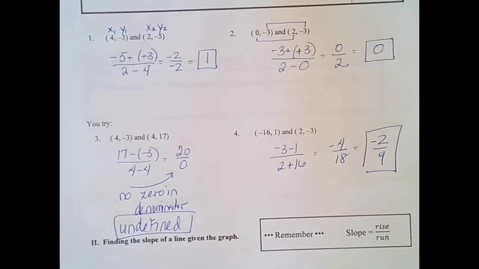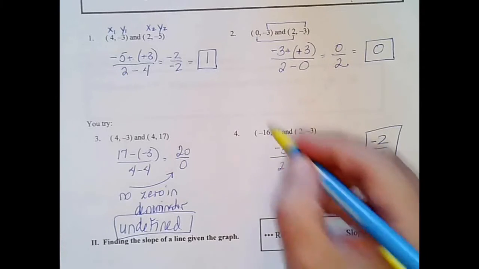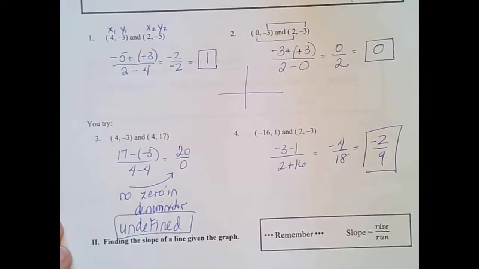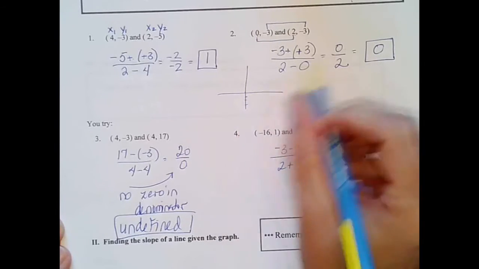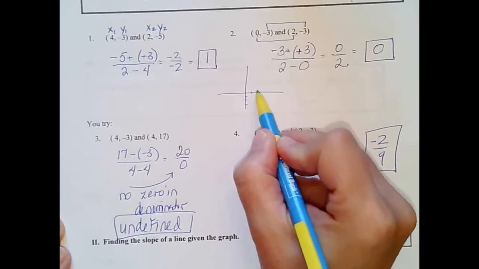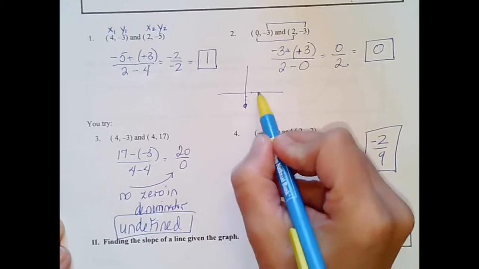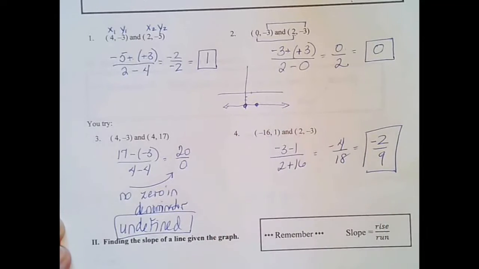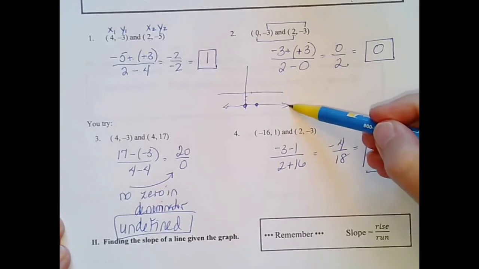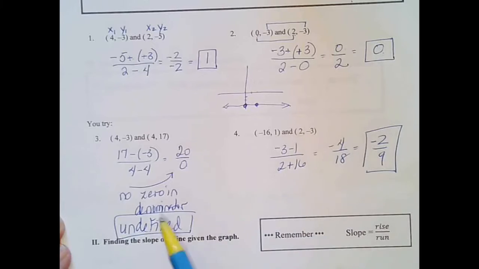If you want to make a quick sketch, do that. So let's see what it looks like. 0, -3, down to 3, and 2 over 2, there's 0, -3, and over 2 down 3. Well, this is a horizontal line. Horizontal line has slope 0. Let's see what happens over here in this case.